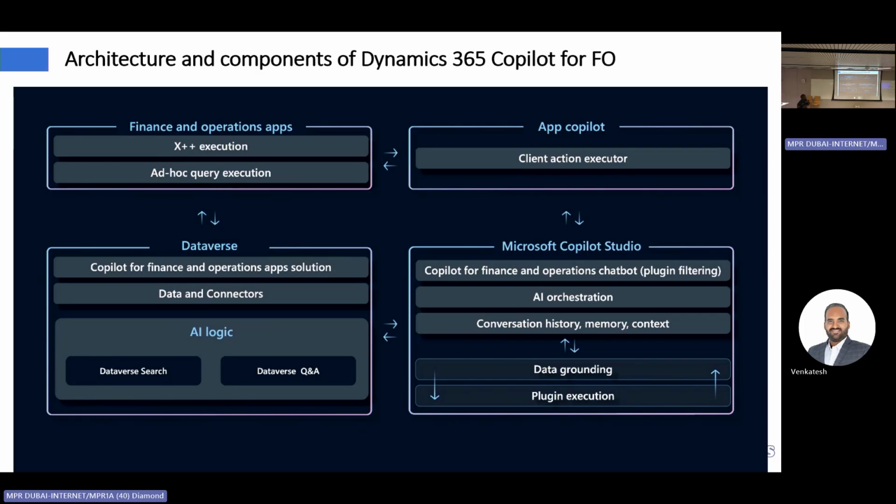So Microsoft is saying everything is coming together into Dataverse, and that is why LCS, which is the famous tool we use to deploy our Dynamics 365 environment, is now moving to the Power Platform Admin Center. So now, even your ERP is sitting right there on the Dataverse. So it makes it easier for Copilot to connect to finance and operations through the Dataverse. There is some grounding that is done, and information is retrieved back to the user.